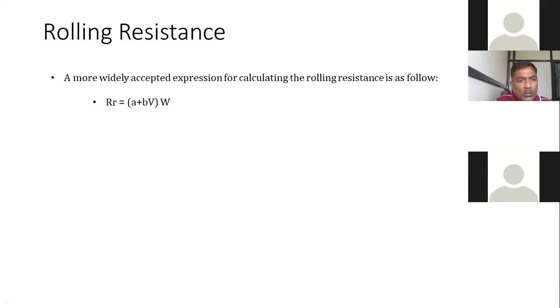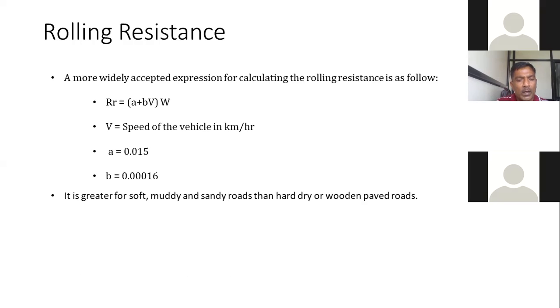That is RR is equal to (A plus BV) W, where V is the speed of the vehicle in kilometers per hour, the value of A is equal to 0.015, the value of B is equal to 0.0016, and W, you know, is the weight of the vehicle. Some of the important notes you can see displayed on the screen.